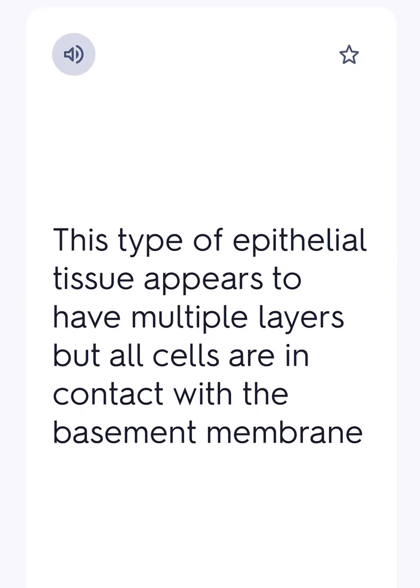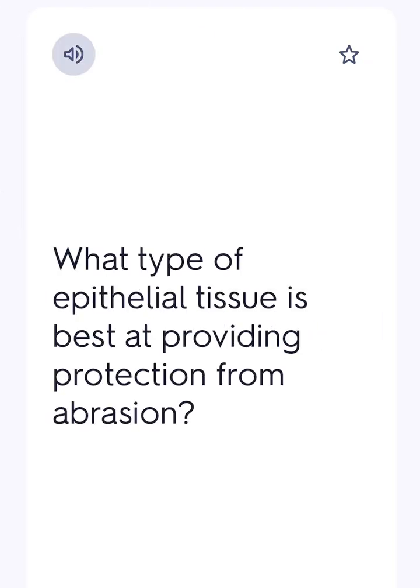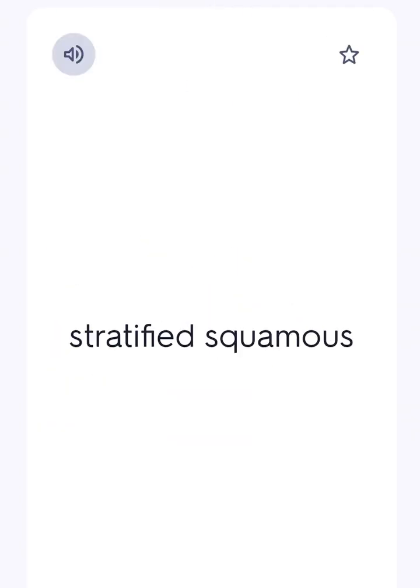This type of epithelial tissue appears to have multiple layers, but all cells are in contact with the basement membrane. Pseudostratified. What type of epithelial tissue is best at providing protection from abrasion? Stratified squamous.